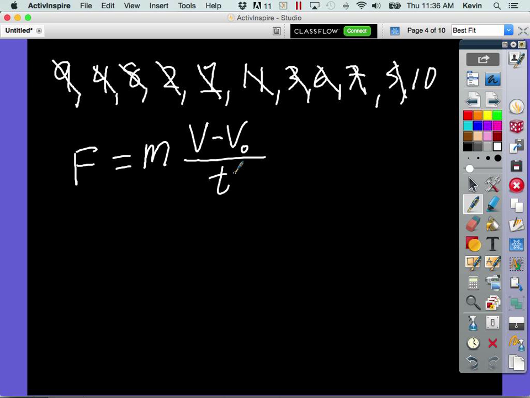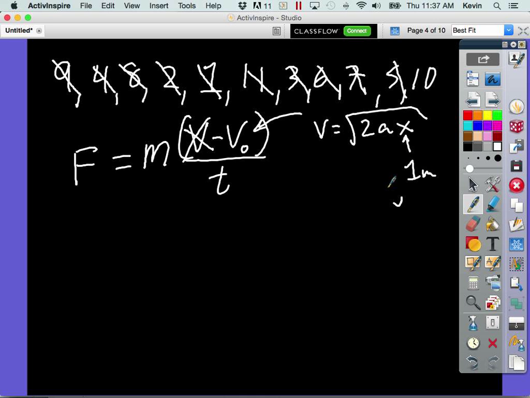Look at what measurements you took. We know that this v is supposed to be 0, right? This v0 is from your v equals the square root of 2ax, with this being 1 meter, this being 9.8 meters per second squared. Everybody cool with this? So that gives me that.